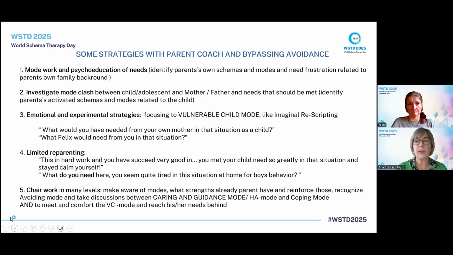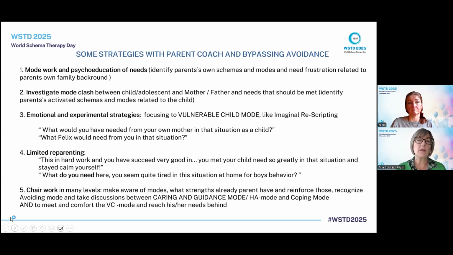And as schema therapists, we always want to do emotional and experiential strategies. In that way, our aim is to focus on and meet the vulnerable child mode. We can do imaginary scripting, chair work, and other kinds of emotional work.